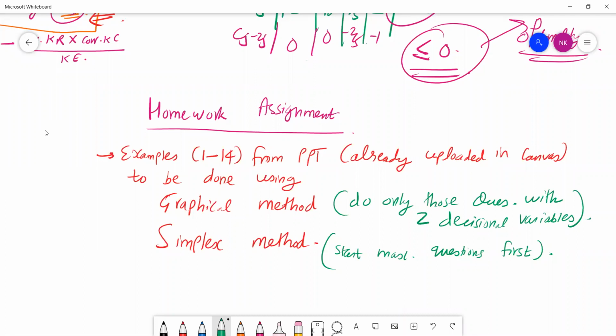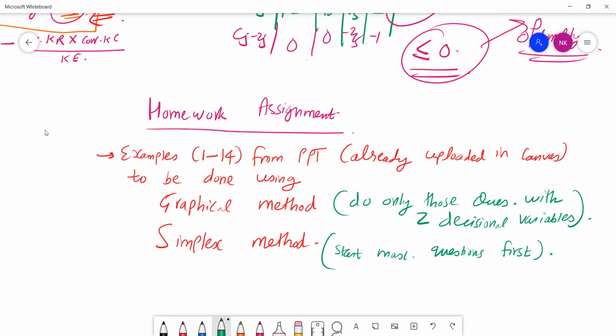In the graphical method, we have seen the limitation that as of now, we can only solve problems dealing with two decision variables because we have two Cartesian axes, x and y. So you just filter out those questions that deal with two decision variables, and do only those using the graphical method.